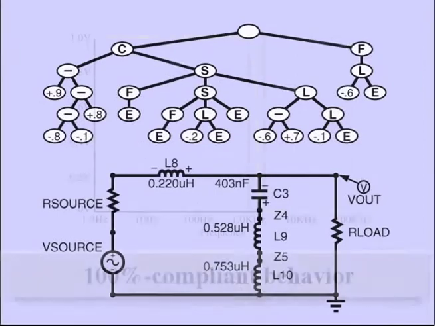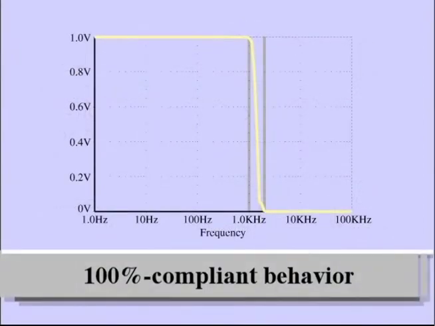Each circuit is then simulated to determine its behavior using the SPICE simulator. Fitness is the sum over 101 sampled frequencies between 1 Hz and 100,000 Hz of the absolute weighted deviation between the circuit's actual output voltages and the ideal values, 1 volt for the pass band and 0 volts for the stop band.